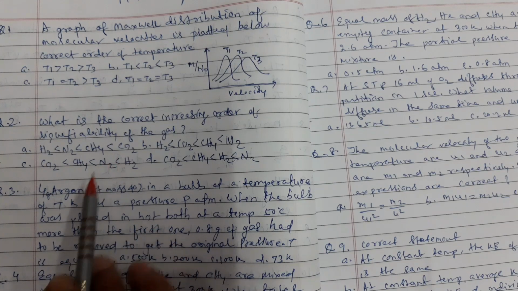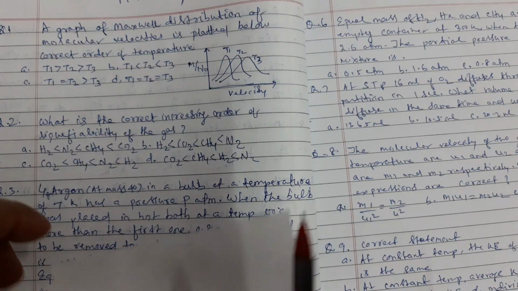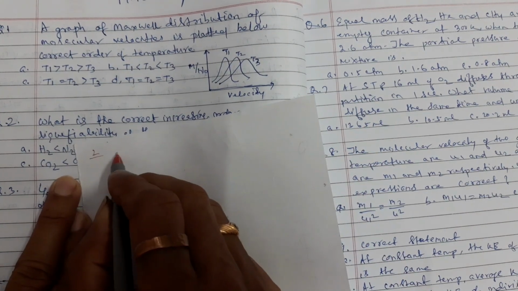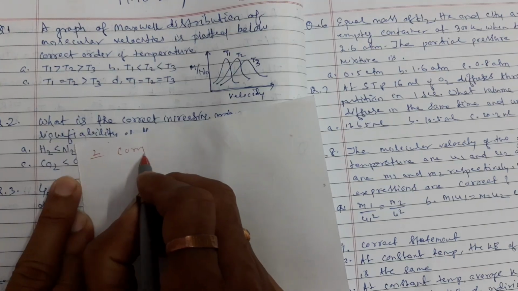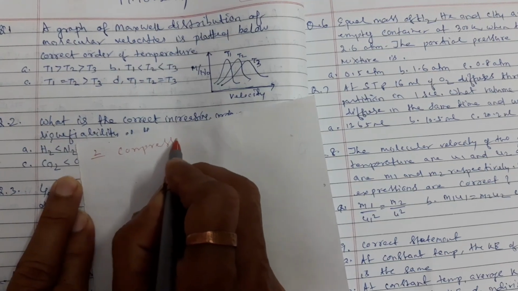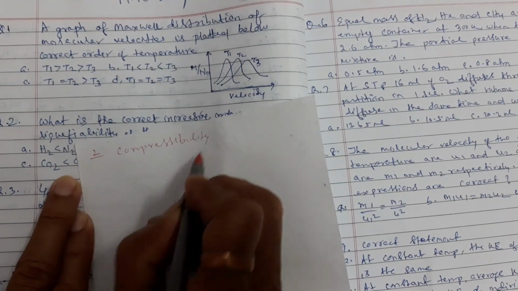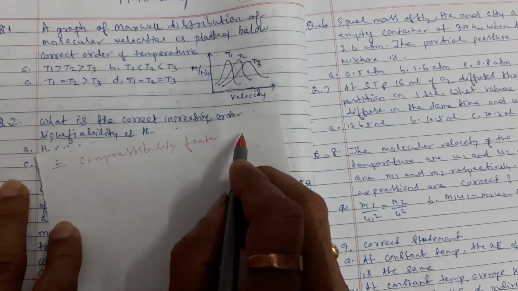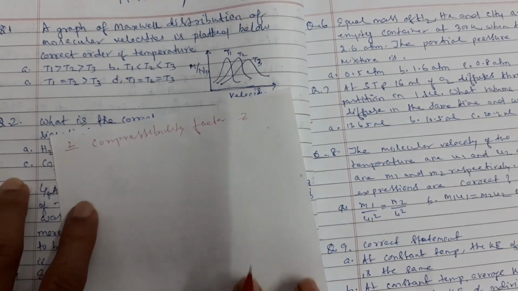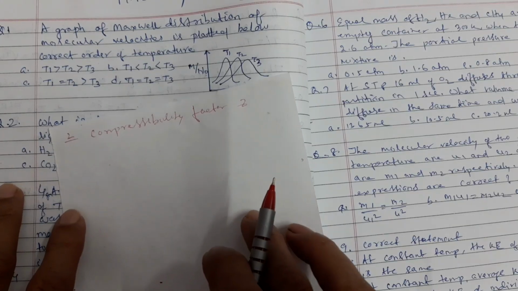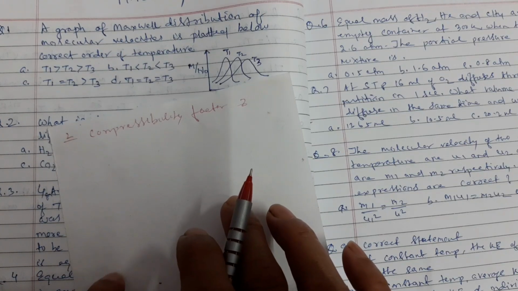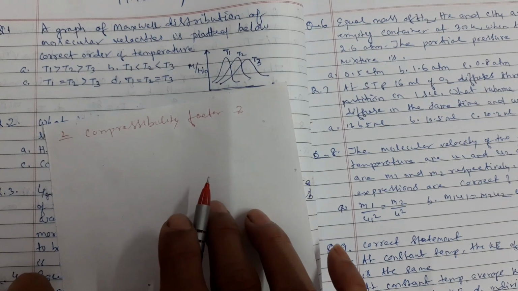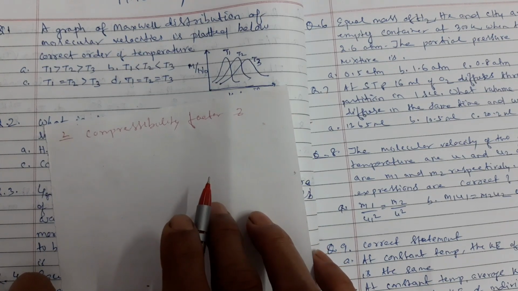Liquefiability depends on the compressibility factor, known as Z. The higher the compressibility factor at a pressure, the more difficult it would be to liquefy the gas.